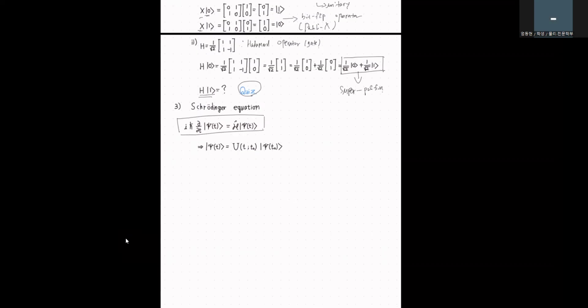Now, this all culminates in what's called the Schrödinger equation. Basically, what this equation tells us is, what is the actual form of U? The Schrödinger equation tells us that the rate of change by time of the wave function is governed by what's called the Hamiltonian.